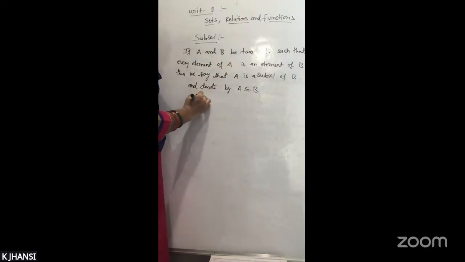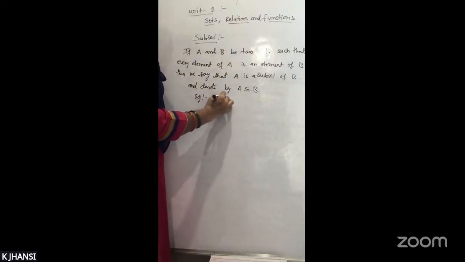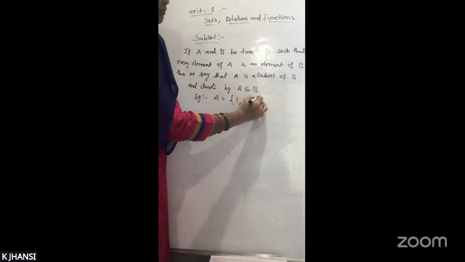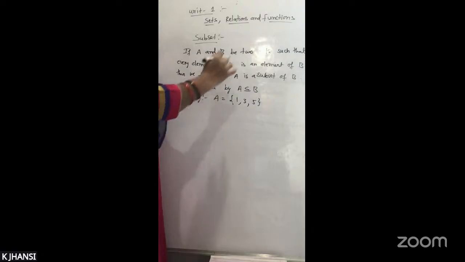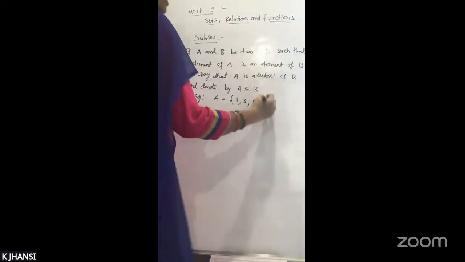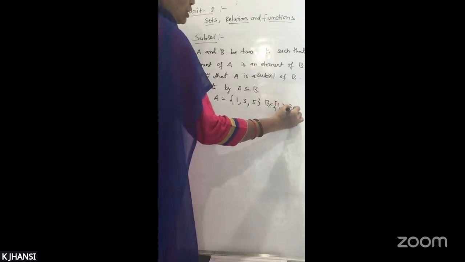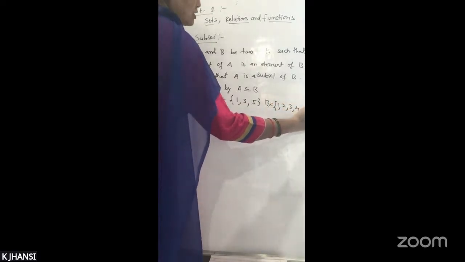So you can take an example like this. Example, A is equals to {1, 3, 5}, and B is equals to {1, 2, 3, 4, 5, 6}.